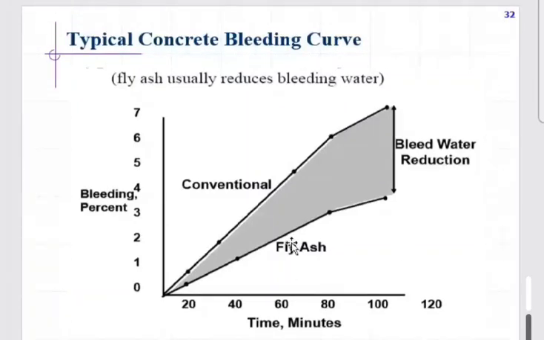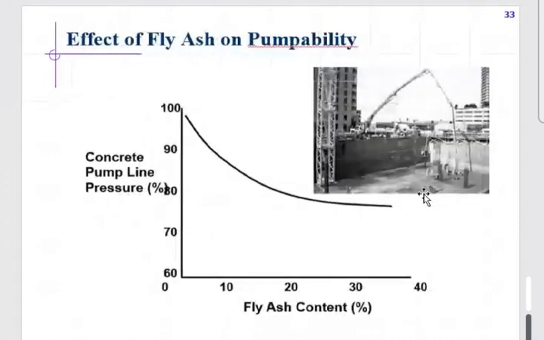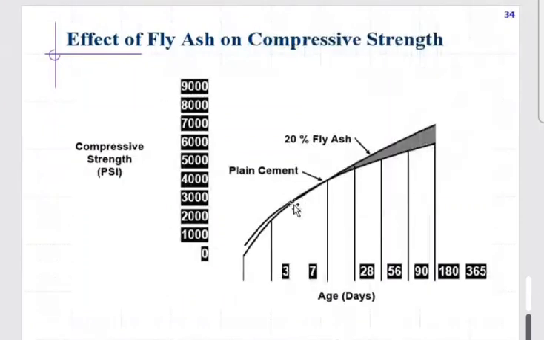As much as you add fly ash, your bleeding water is reduced. Then the pumping pressure can be reduced, so pumping ability is improved. Regarding the effect of fly ash, at early ages fly ash concrete strength is lesser and ordinary plain concrete strength is higher.